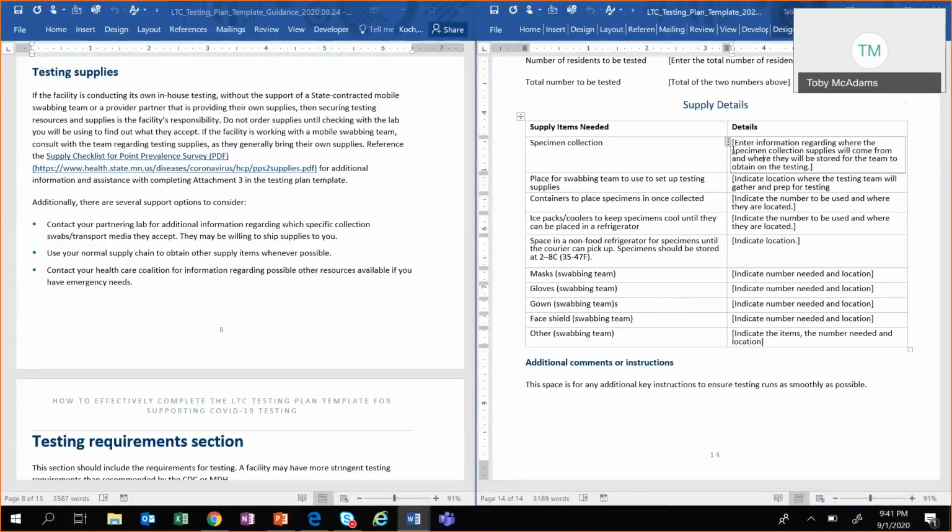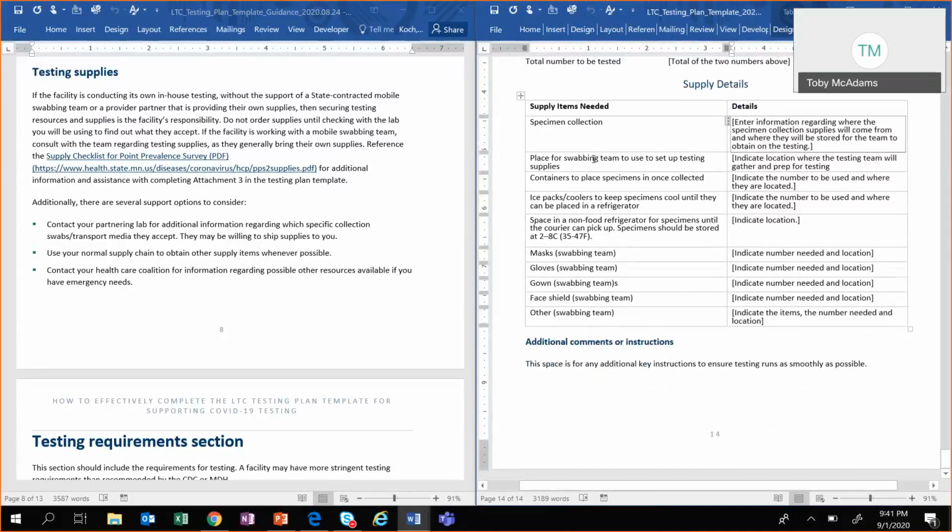So you'll want to document that here. If you decide that you need to set up for the swabbing team, and you need to make sure that there are tables and chairs and other details in place, this is where you're going to write it out, in this second line here, the second row.